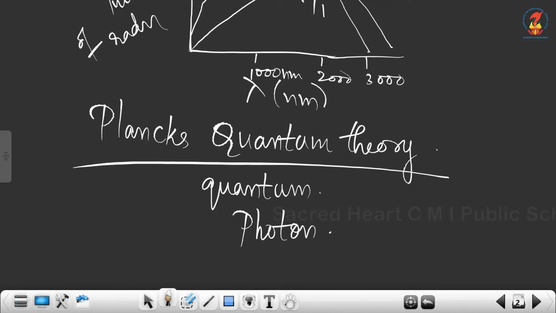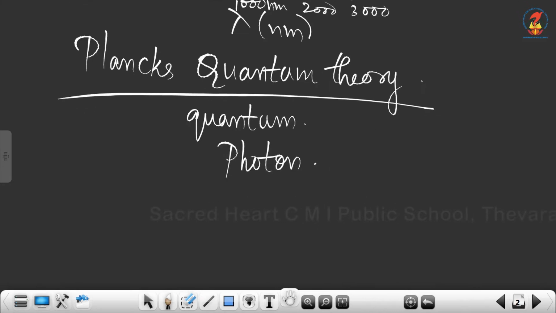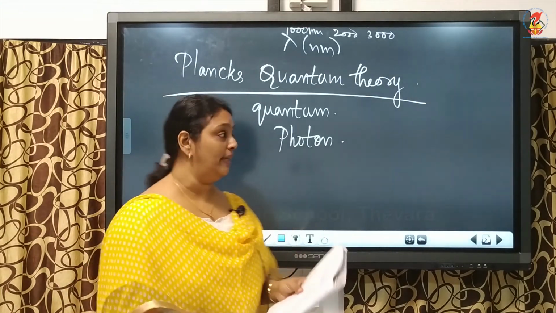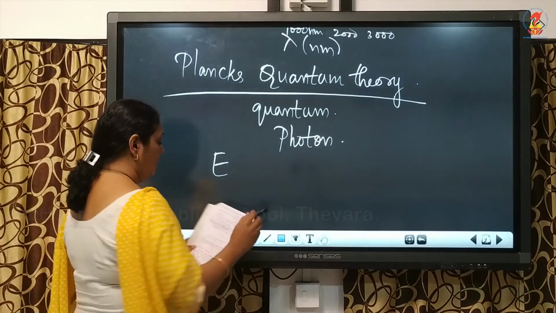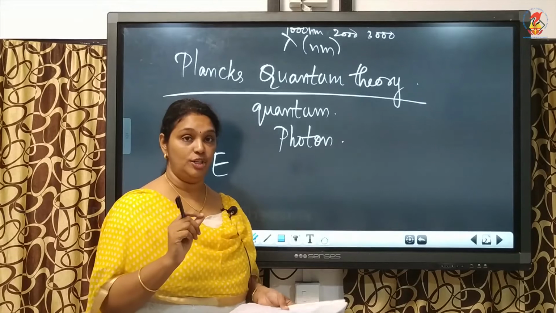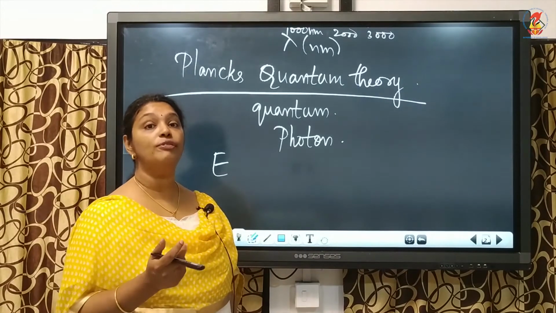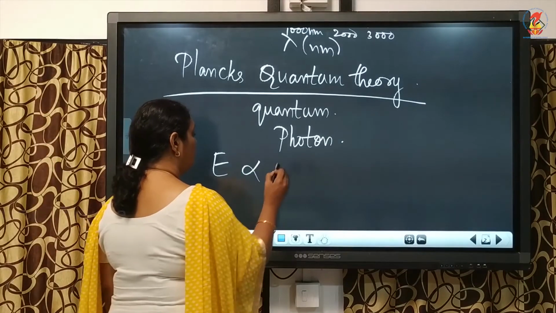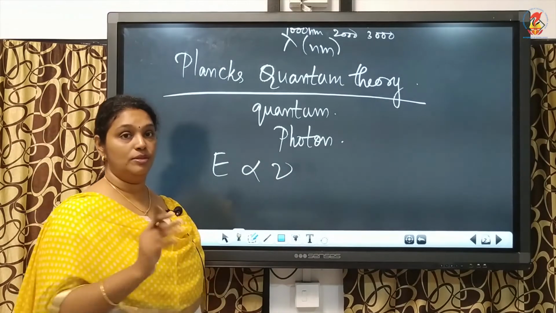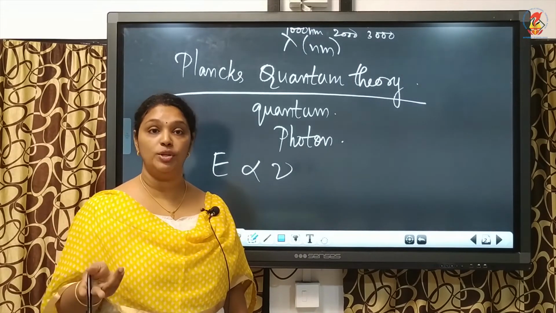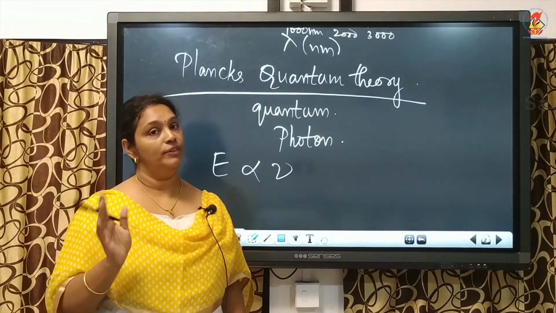Now, the next postulate of quantum theory is that the energy E of each quantum of radiation is directly proportional to the frequency of radiation, that is E proportional to nu. So the energy emitted or absorbed is directly proportional to the frequency of radiation.